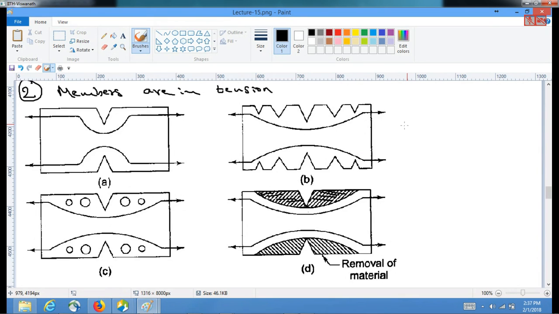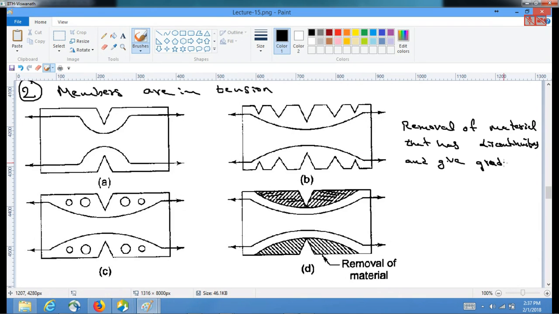The method is removal of material that has discontinuities and giving a gradual change in cross section.